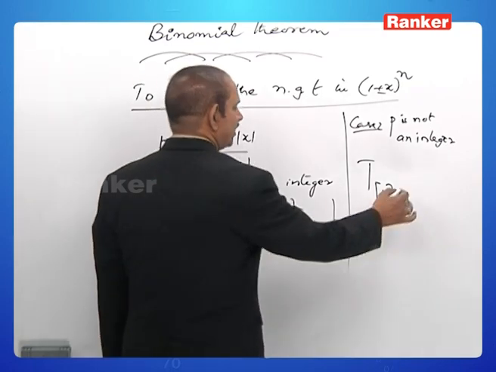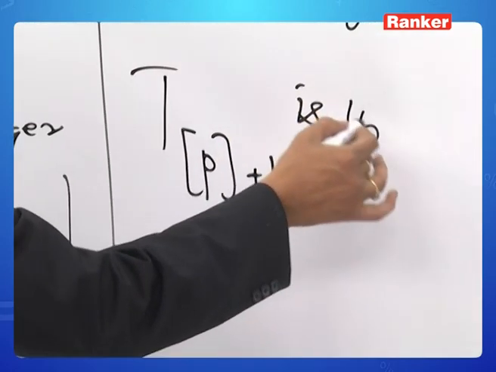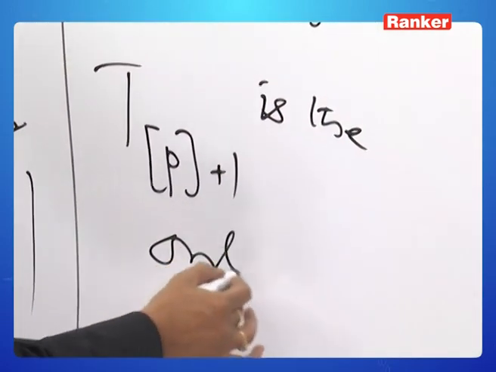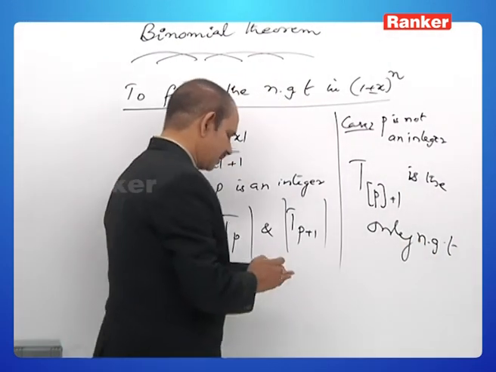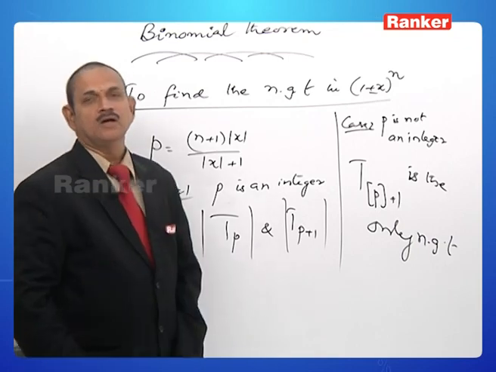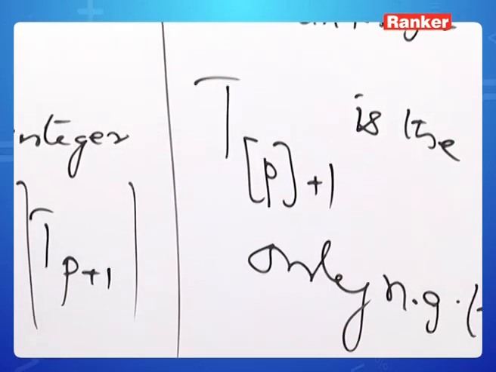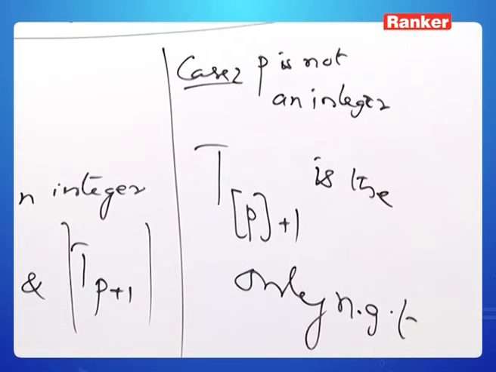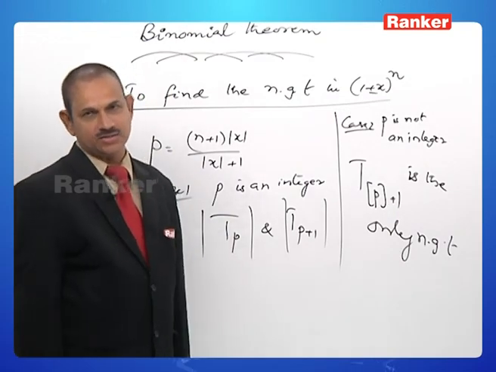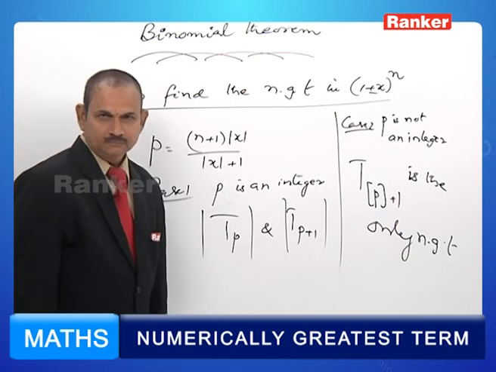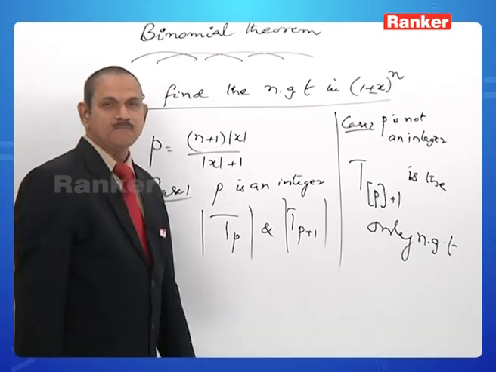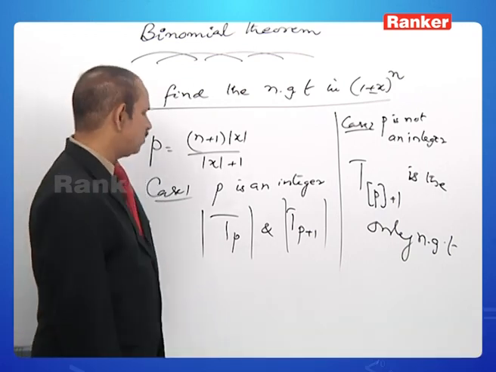It is the only NGT. What do you mean by NGT? Numerically greatest term. So in order to find which term is the numerically greatest term, you must be able to find the value of p. What is p? (n + 1) into mod x by (mod x + 1).